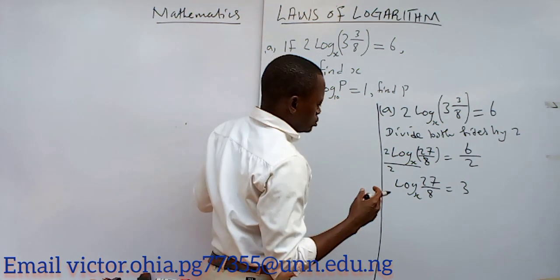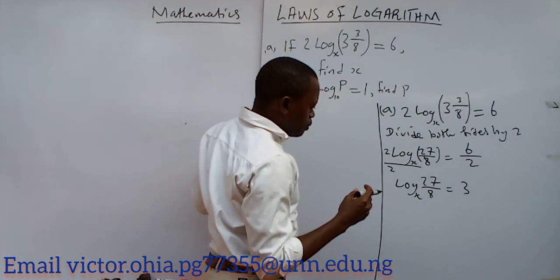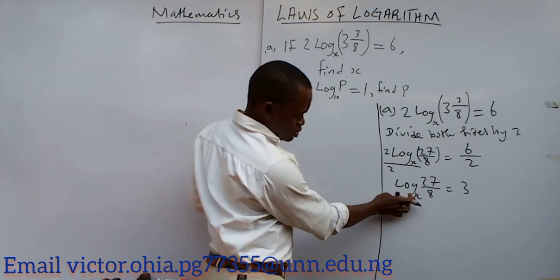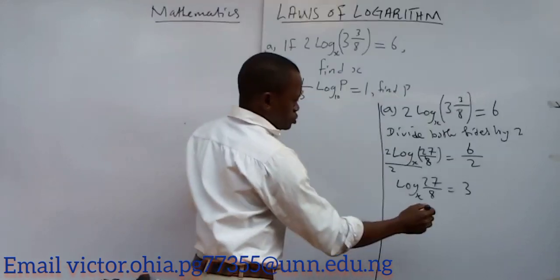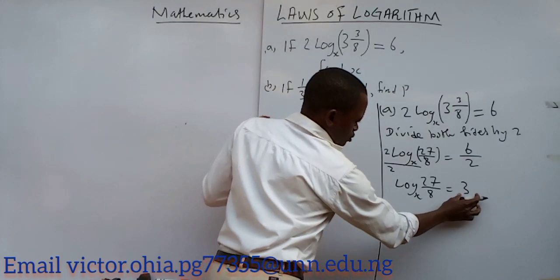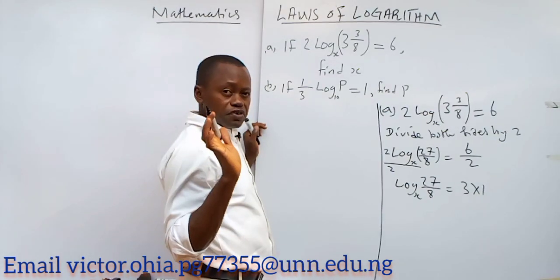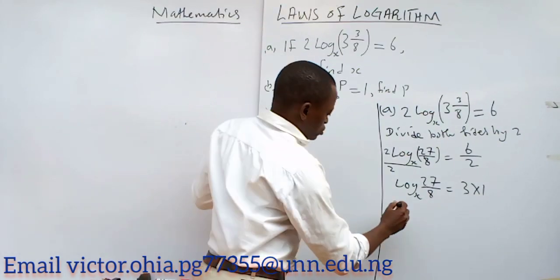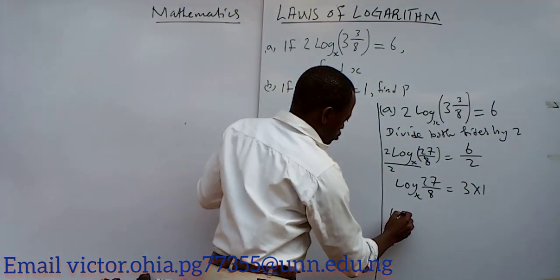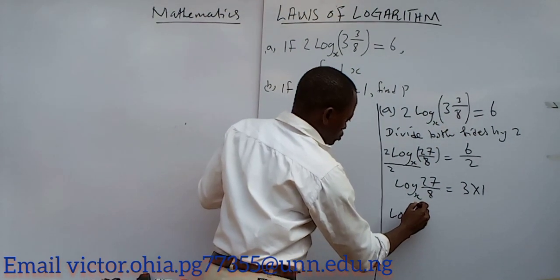All right. So, permit me, as I'm seeing base x here, to introduce this 3 times 1, which is still 3. So, no offense permitted. I can write this as log 27.